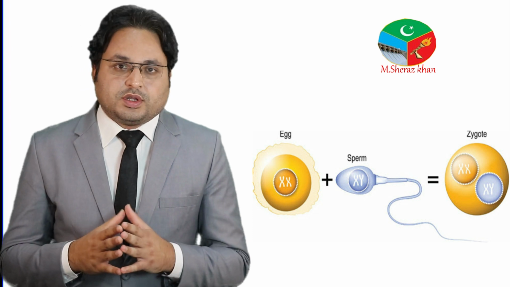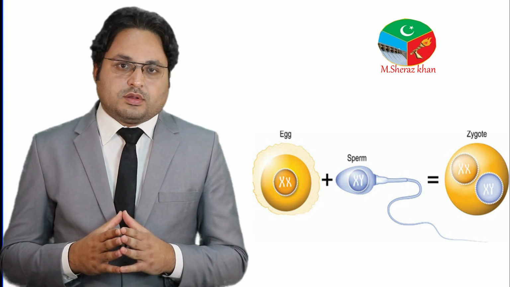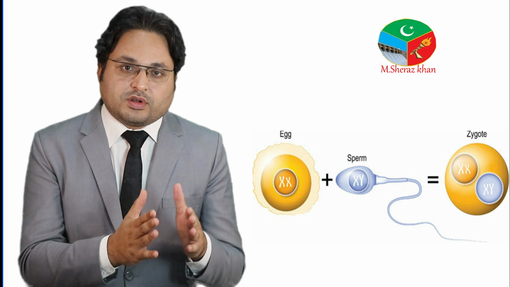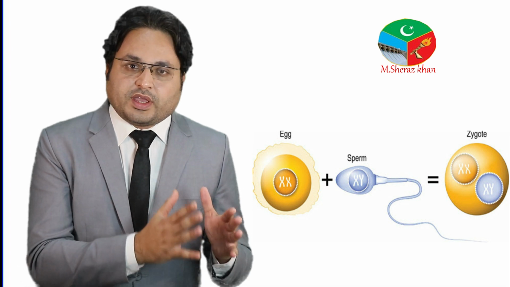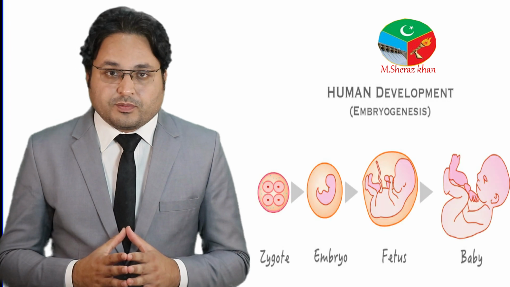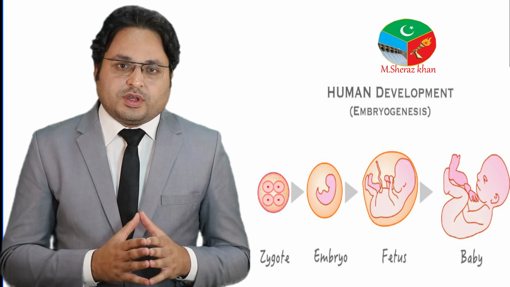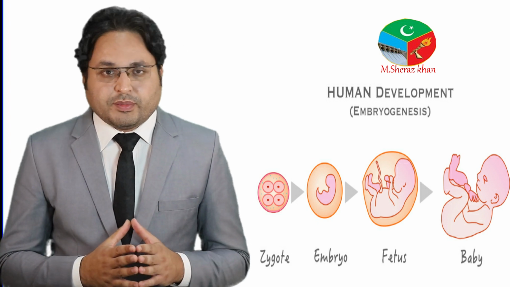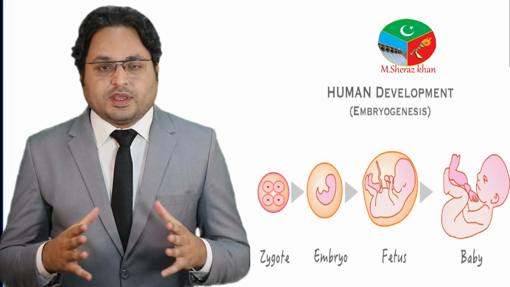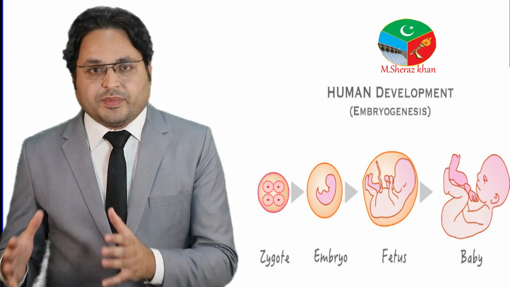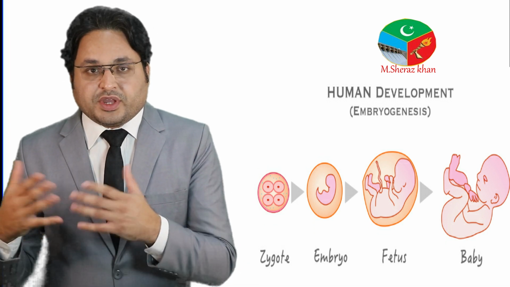When the sperm and egg unite with each other, they make a zygote. Then that zygote undergoes various developmental stages and becomes an embryo. The embryo is then implanted in the uterus part of the female body, where it undergoes various developmental stages and becomes a complete individual.